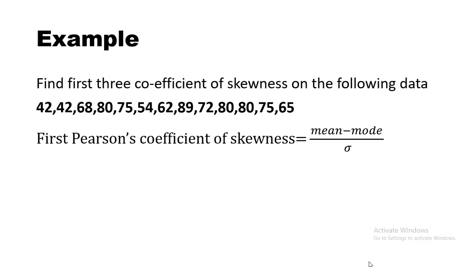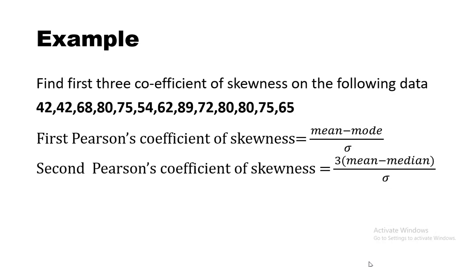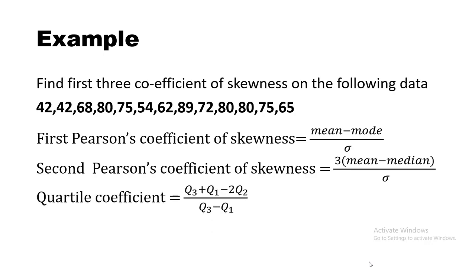We need to calculate the first 3 coefficients. The first Pearson coefficient formula is (mean minus mode) upon sigma. The second Pearson coefficient of skewness is 3 times (mean minus median) upon sigma, and the quartile coefficient is (Q3 plus Q1 minus 2 times Q2) divided by (Q3 minus Q1).